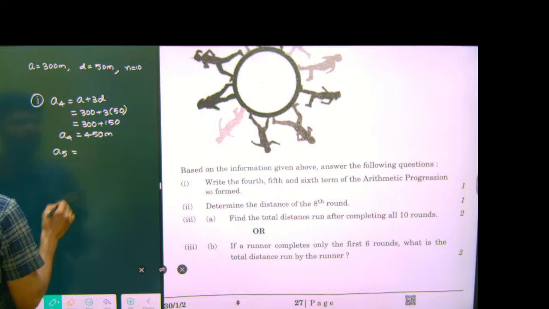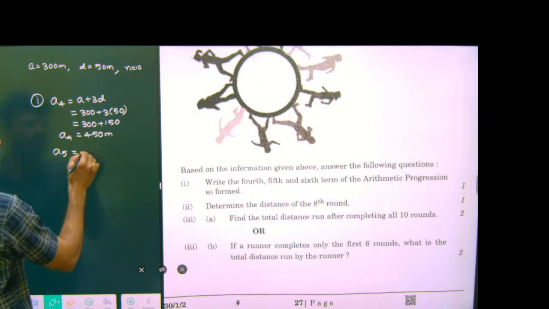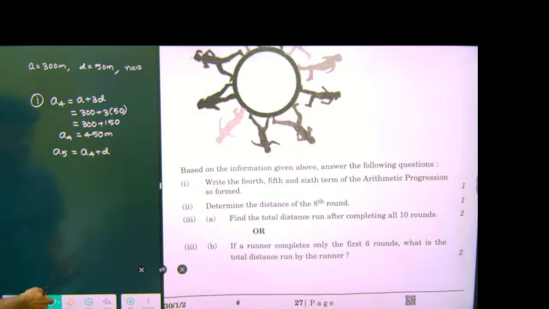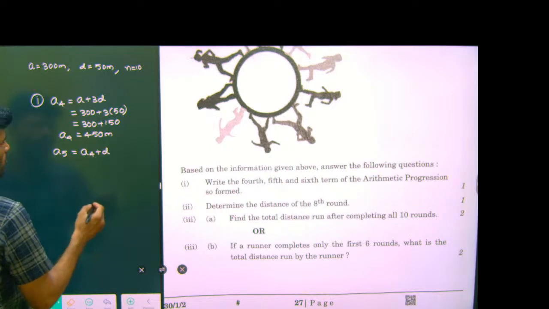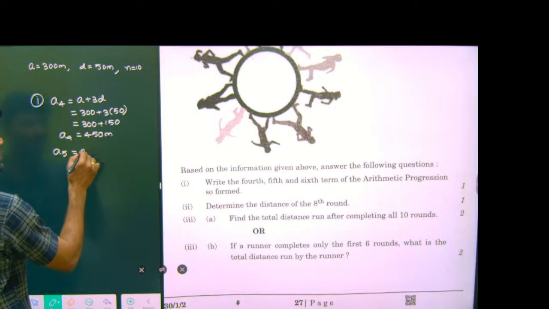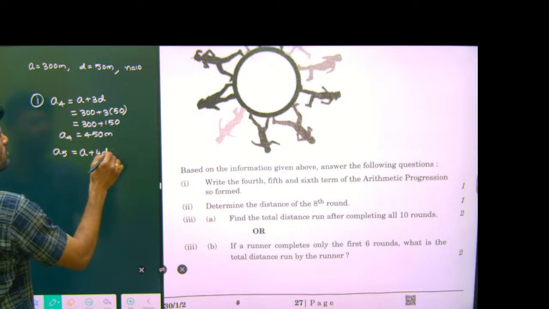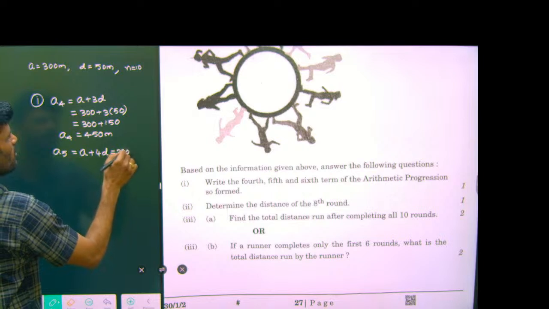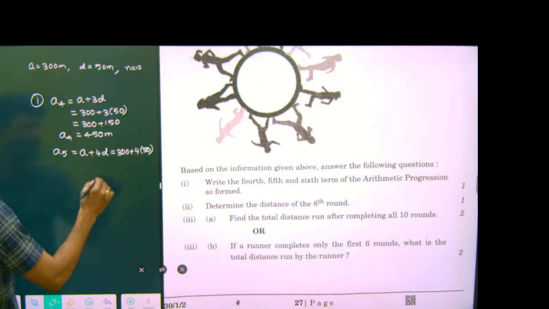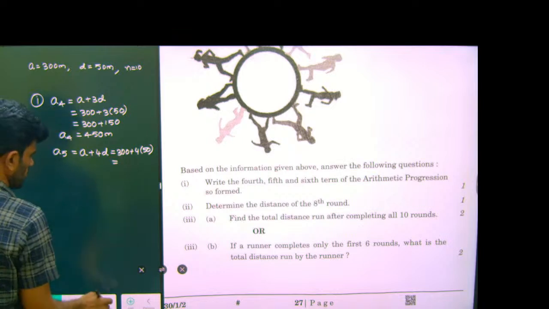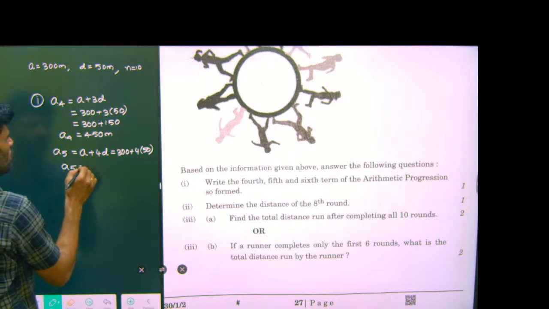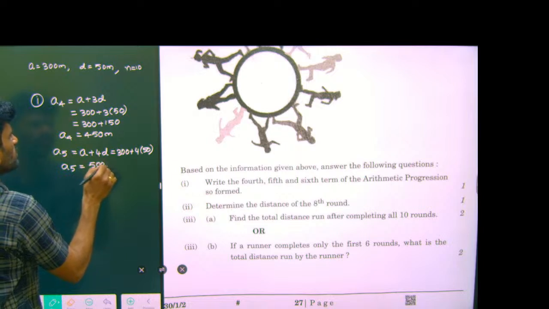Now next we want A5 also. You can find it directly as A4 plus D, or you can write A plus 4D. Both are okay. A plus 4D only we use. That is 300 plus 4 into 50, which is 300 plus 200, which is 500. So A5 is equal to 500 meters.